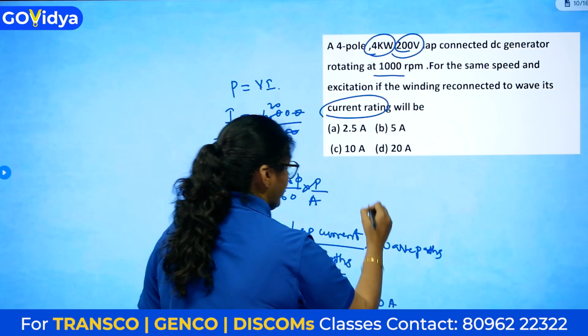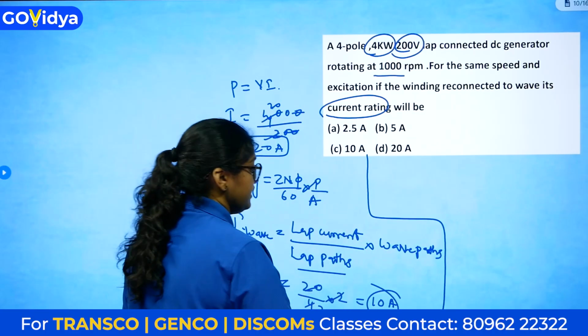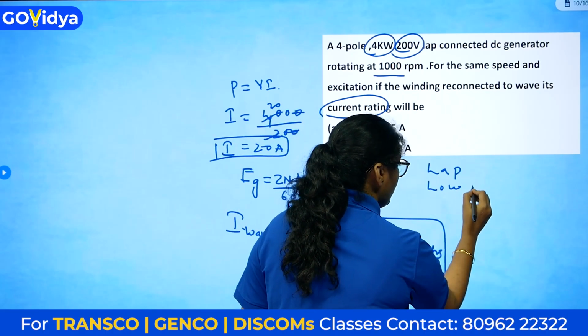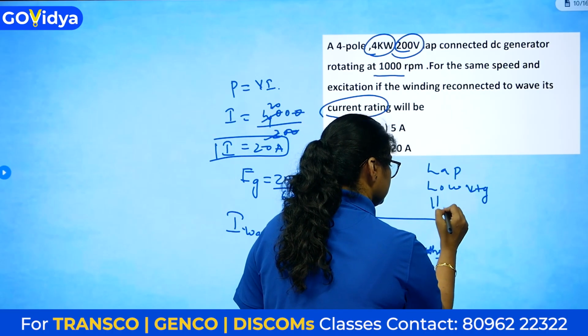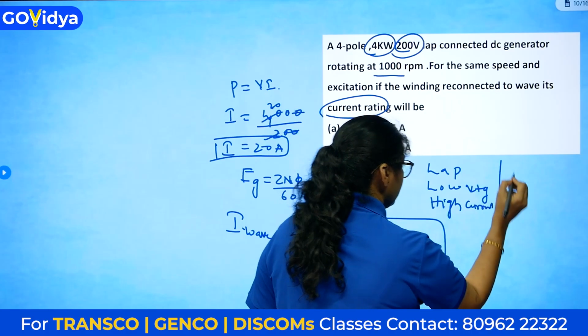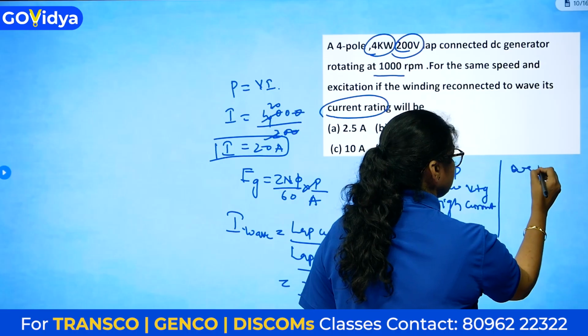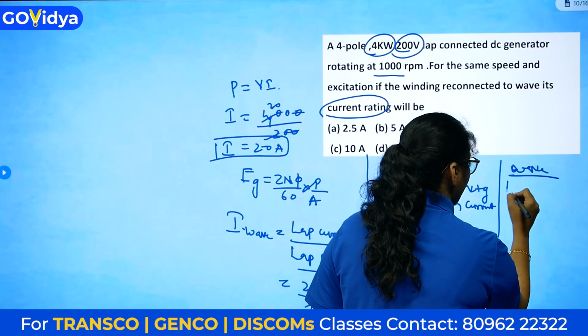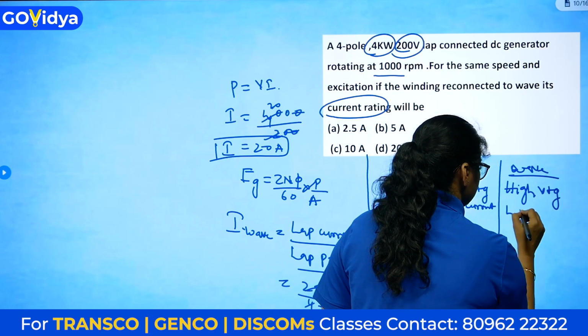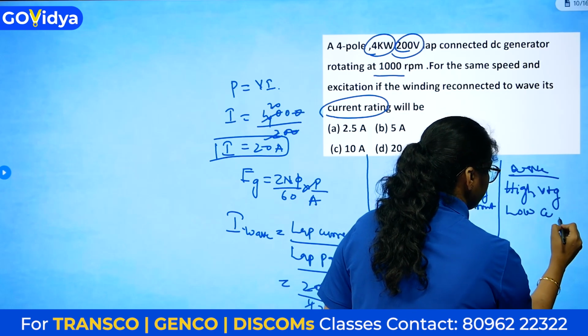Now I got how many amperes? 10 amperes. Again, a lap winding has low voltage, high current, and a wave winding has high voltage, low current.